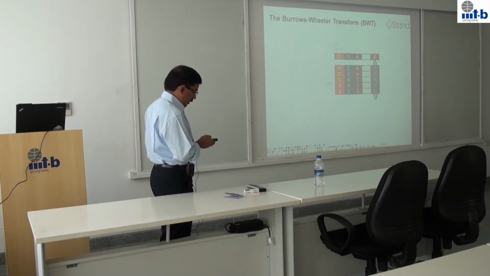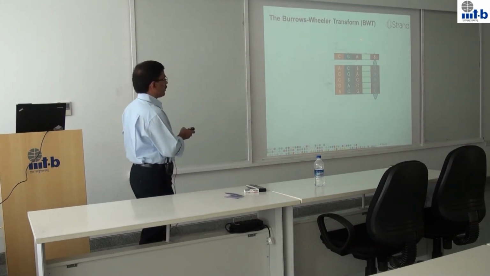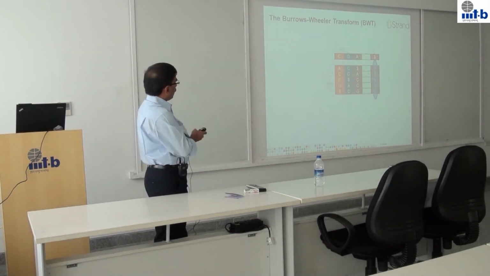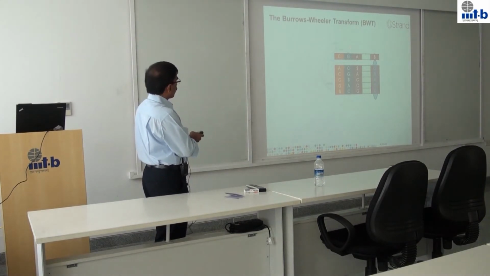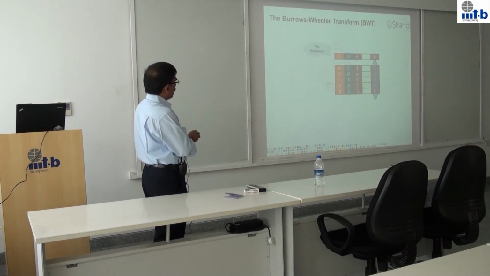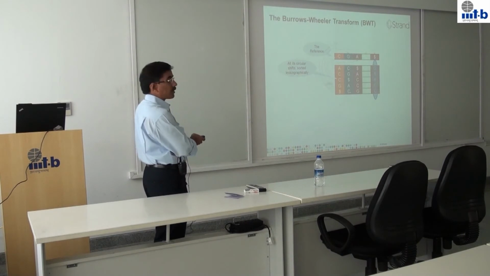It turns out that there is a solution based on the well-known Burrows-Wheeler transform, which was originally proposed for compression, but later it was realized that it could be used even for exact string match. Here is how the Burrows-Wheeler transform is constructed. This is the reference sequence, and here we have all possible circular shifts of this sequence, sorted in lexicographical order.